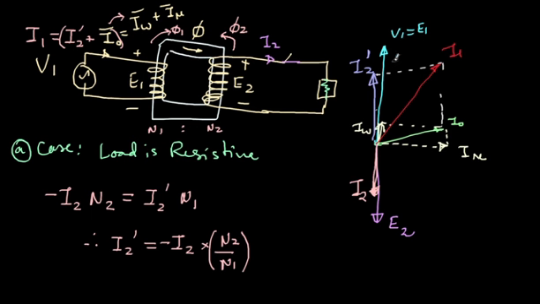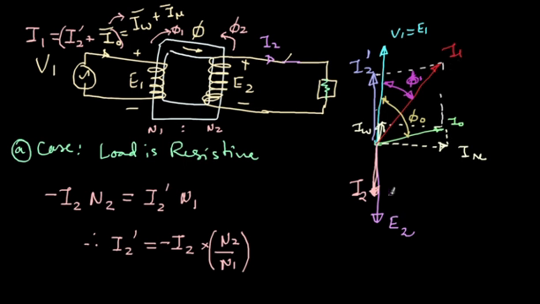Now we had already seen what the angle between V1 and I0 is. This angle we are calling phi naught. By that logic, this angle will be phi 1. So this is the actual V1, I1 and cos phi 1, the actual input power.